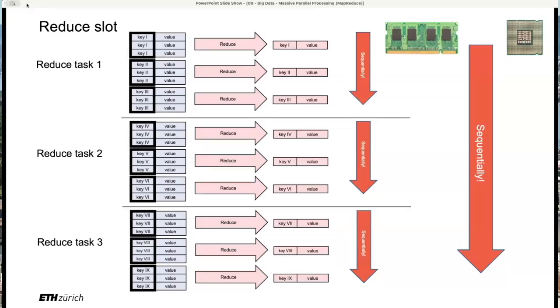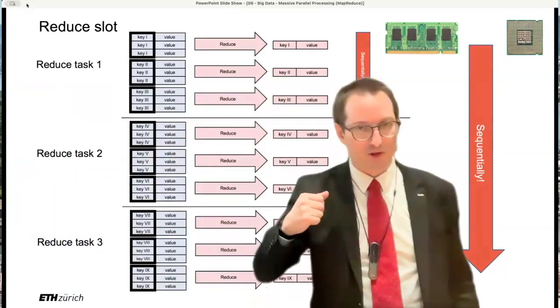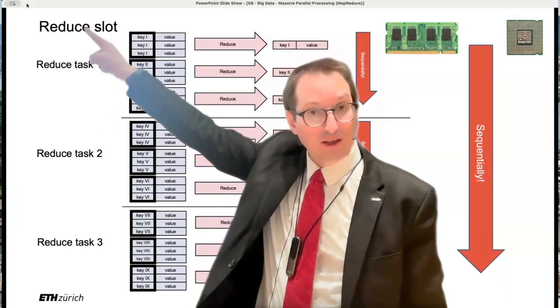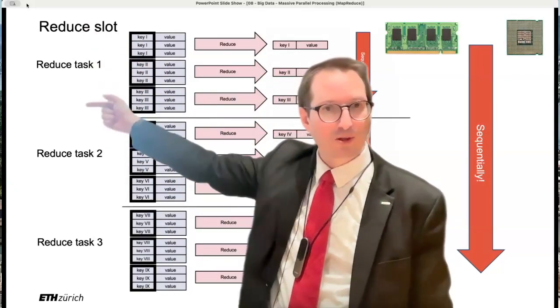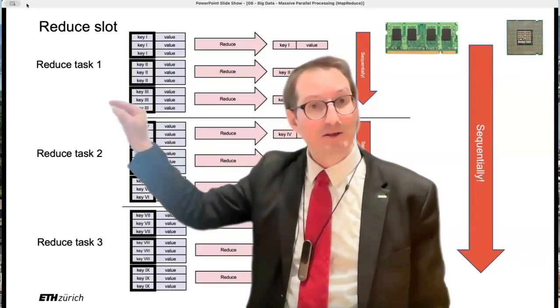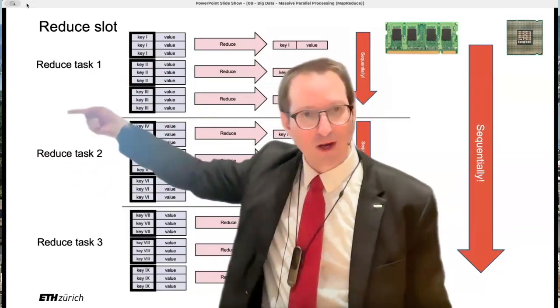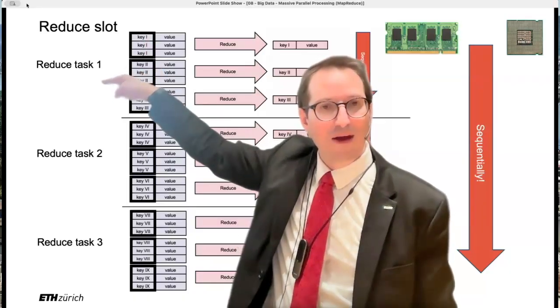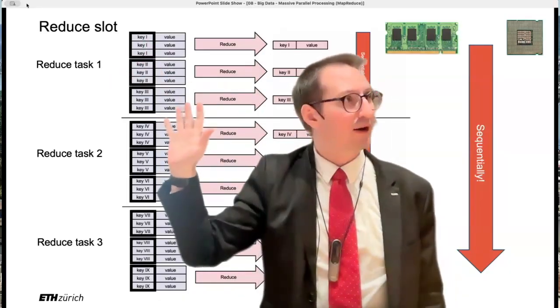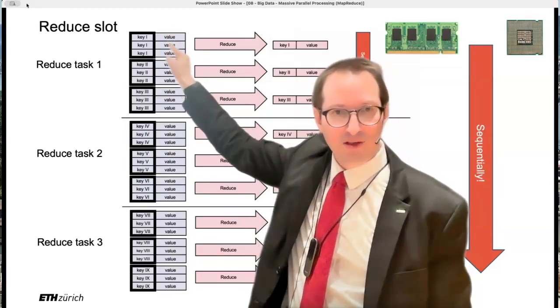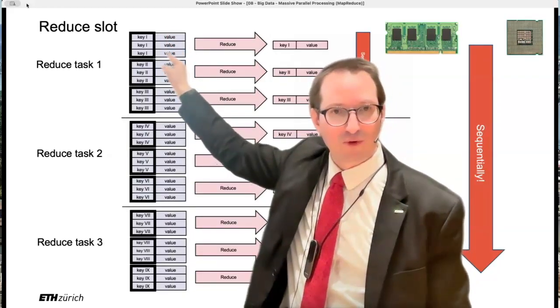Okay, and so now you have to imagine, if you think about the sorting question that was asked, this reduce slot right here that is processing reduce task number 1 is going to connect to each one of the 1,000 map slots requesting the key values that they have, and they might come from everywhere in the cluster, right? So maybe this came from machine 5, this came from machine 42, and this came from machine 100.